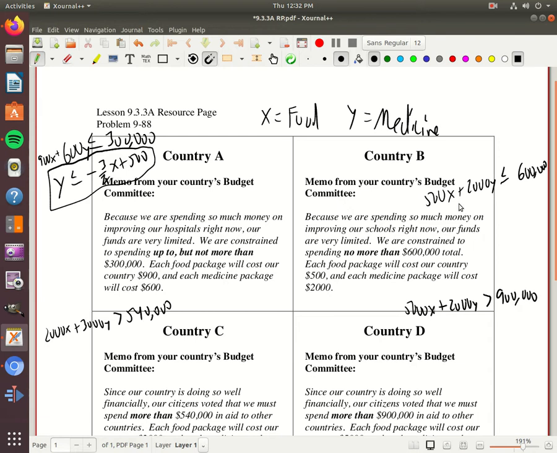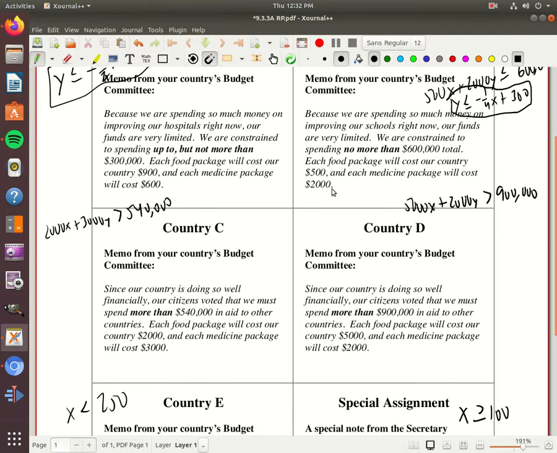If I solve this equation for y, I'm going to get y is less than or equal to negative 1/4 x plus 300. Again, I'm assuming at this point you guys are going to be okay doing this on your own, solving for y here. I don't have a lot of space, and quite frankly, I don't know if you want to watch me spend 10 minutes solving these.